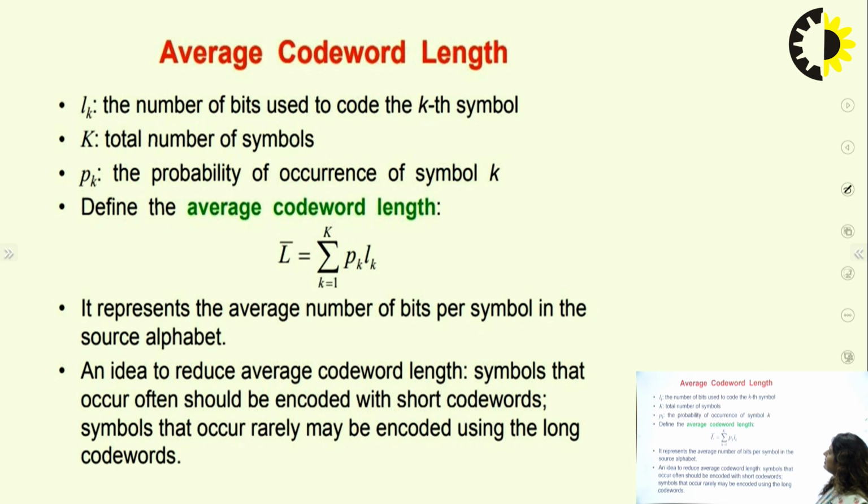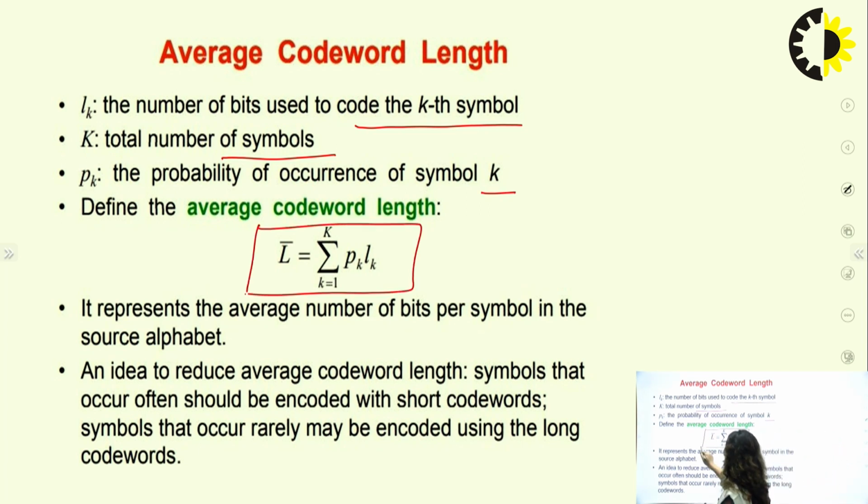The next definition is the average code word length. Lk is the number of bits used to encode the kth symbol, K is the total number of symbols, and Pk is the probability of occurrence of symbol k. We define the average code word length L bar as the summation over k equal to 1 to K of Pk times Lk.